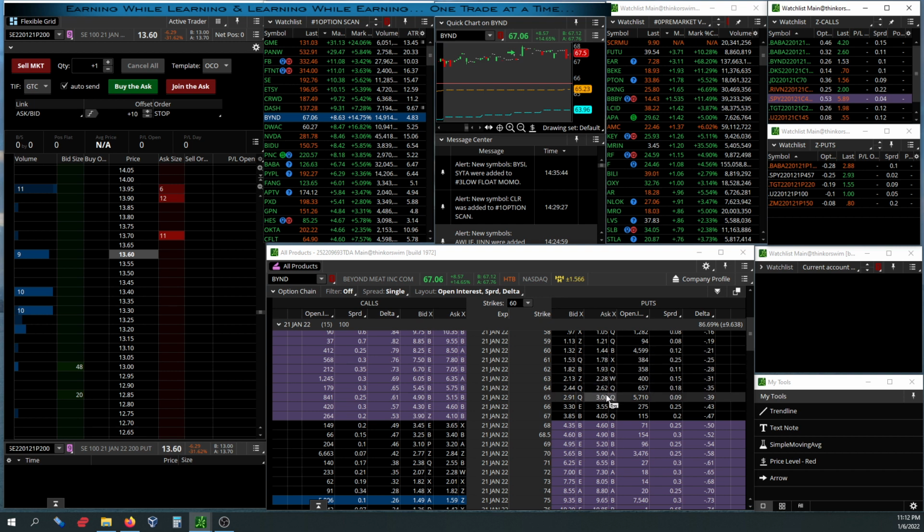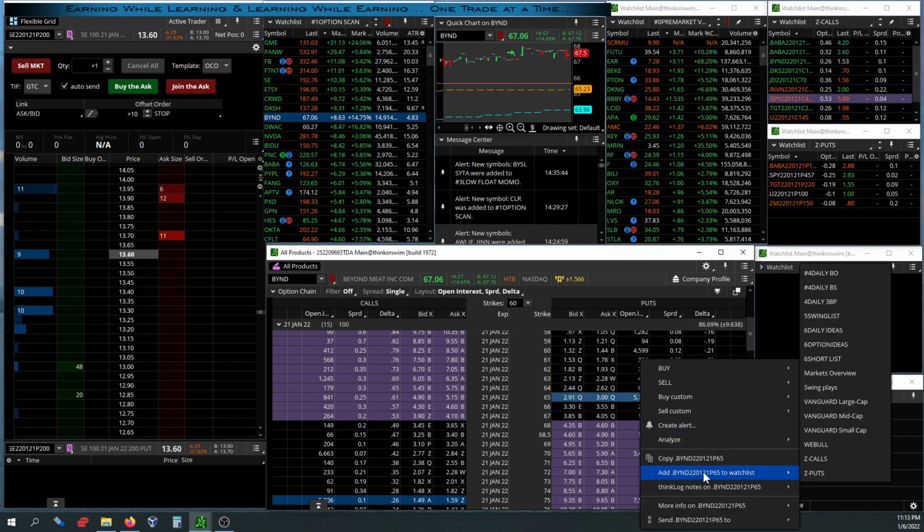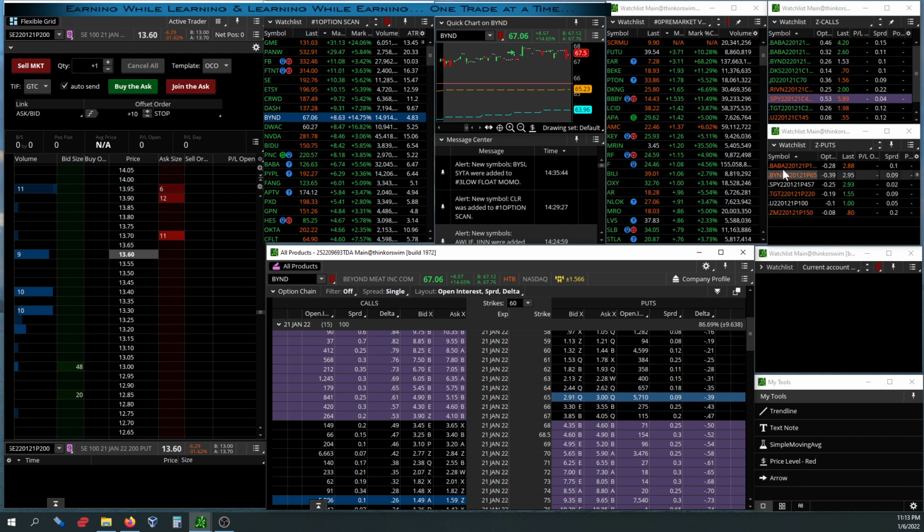And it would be the same way. So let's just say this one here, open interest, 5,700. Spread is 9 cents. That's within my range. Delta is 39. That's within my range. Right click it, add to watch list, and this time we're adding it to puts. And then it's going to add it to my put watch list.